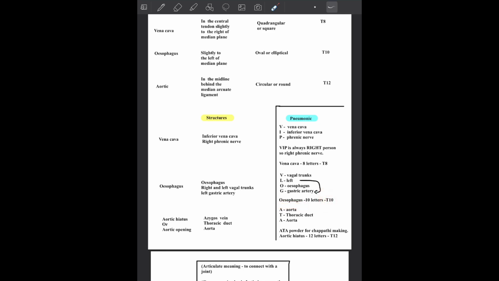The aortic hiatus or aortic opening, I created a mnemonic for that also. Aorta. Aorta means a powder for chapati making. So A stands for aorta, T stands for thoracic duct, and A stands for azygos vein. Mistake, this one is wrong. It is azygos vein.